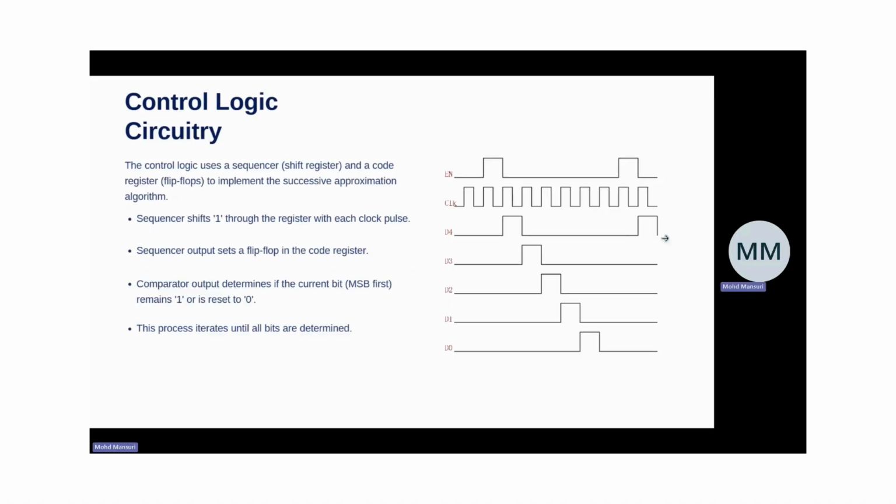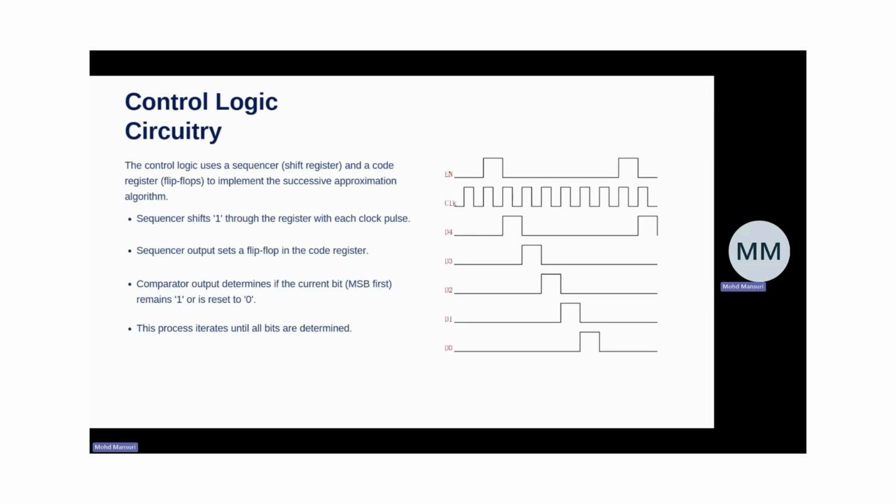Now, next is control logic circuitry. The control logic forms the brain of the SAR ADC. It includes a sequencer and code register, which together implement the successive approximation algorithm. Now let's see how it works. The sequencer shifts a 1 through a series of flip-flops with every clock pulse.